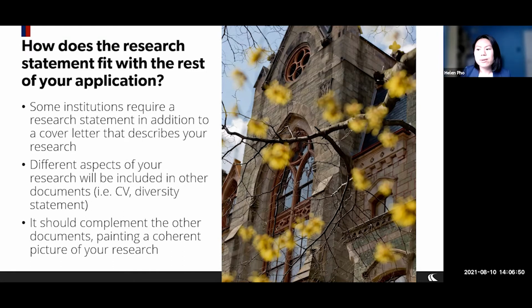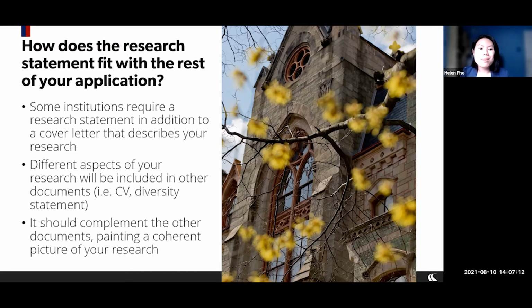And you'll be talking about different aspects of that research in those different documents, right? So if you have the publications, these are the results of your research. Your publications are definitely going to be part of your CV. For some people, you might be talking about your research in your diversity statement as well.